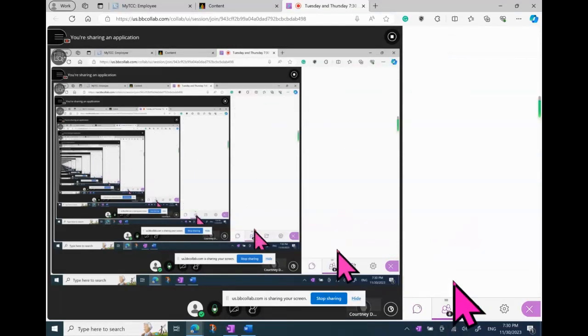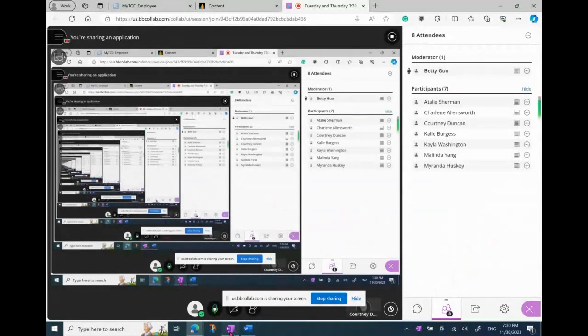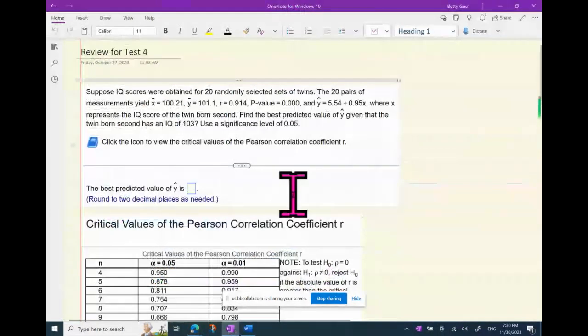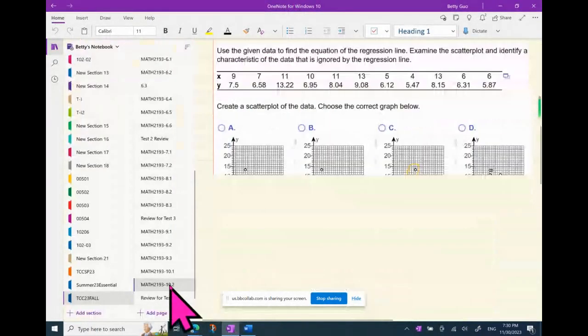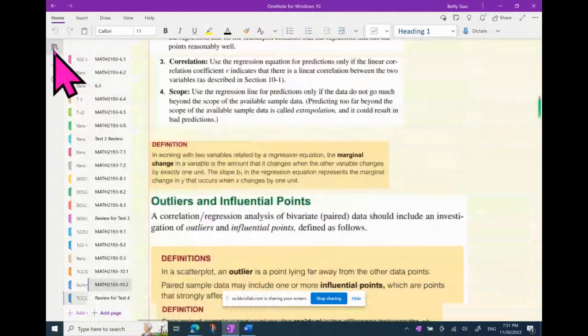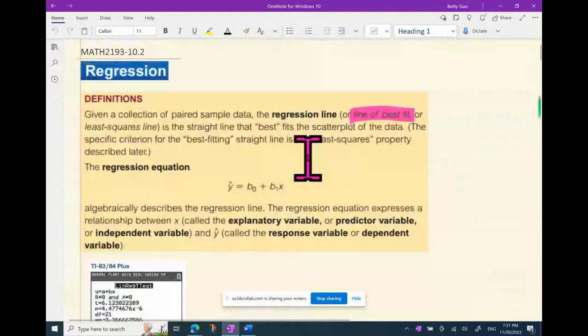Okay, so section 10.2 talks about regression. And what is regression? Regression is a statistical method that we use to examine the relationship between two variables.